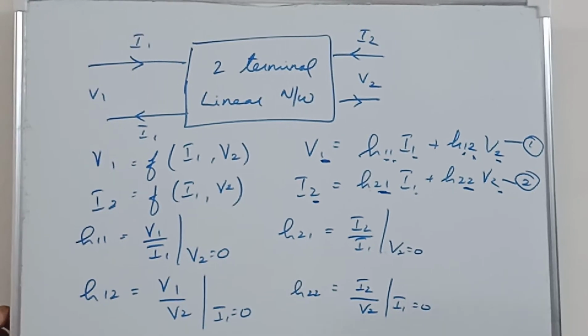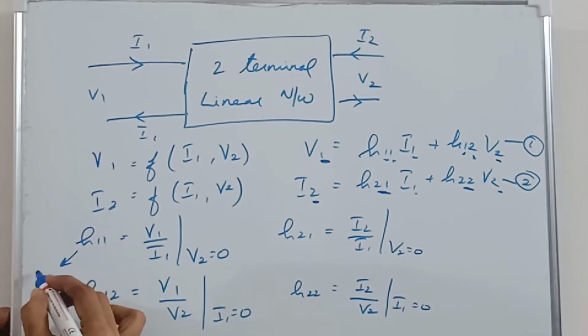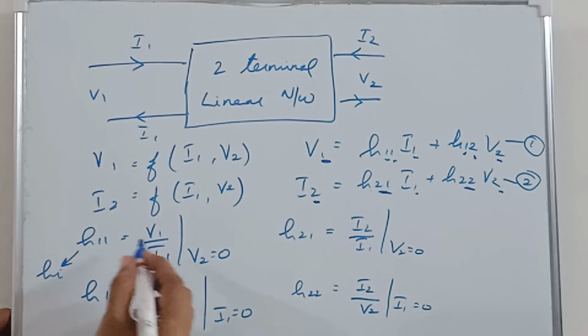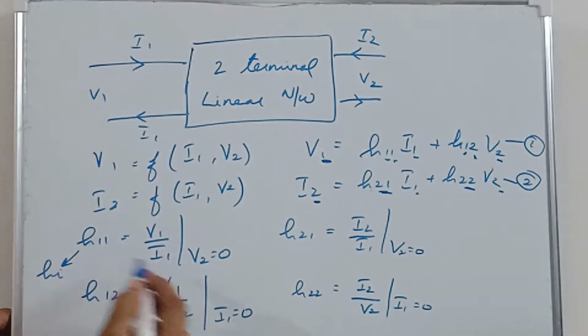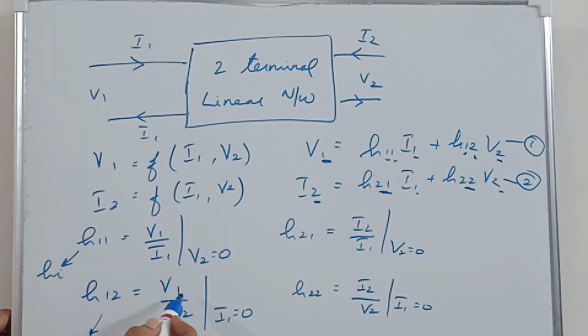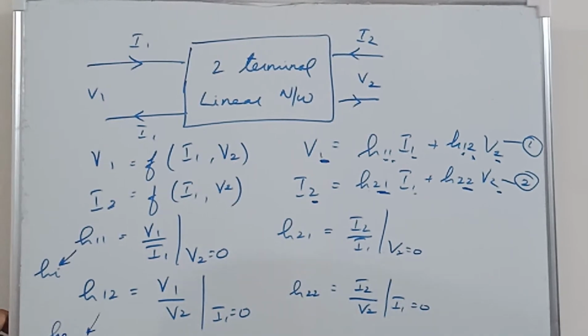As per IEEE norms, H11 is written as HI, which is impedance. Impedance is voltage over current, so it is HI. H12 is a ratio of voltages, input over output, so it's a reverse gain, denoted by HR.